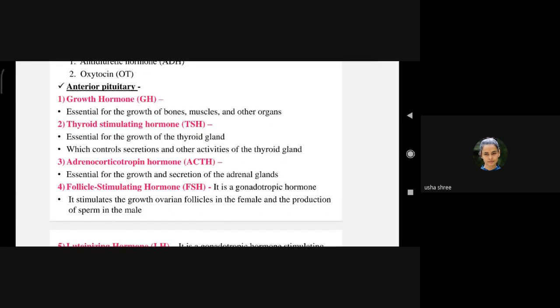And when there is enough amount of cortisol in our body, then blood will again send the signal to brain that we don't need any more cortisol. Please inhibit the production of cortisol. So again, the instruction will go from hypothalamus that please inhibit the process.